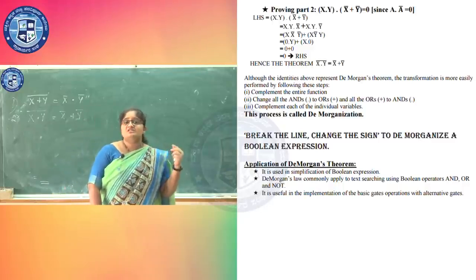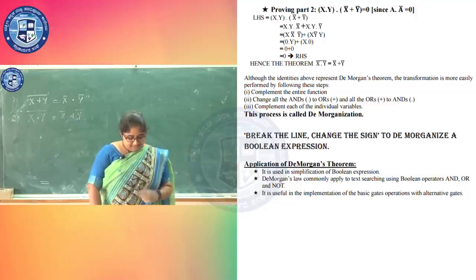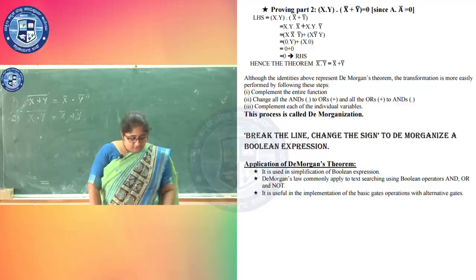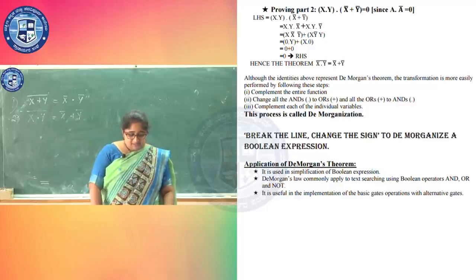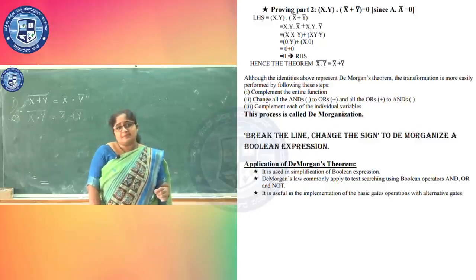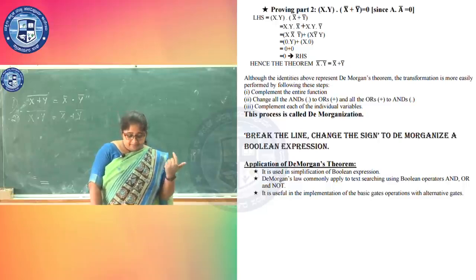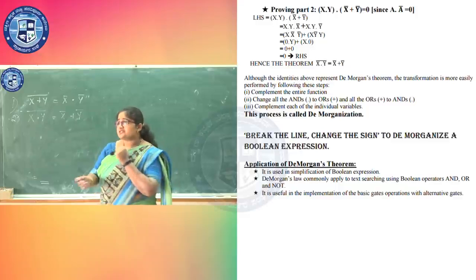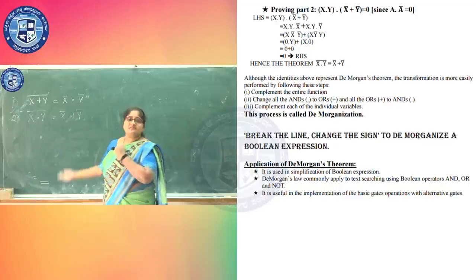So, we have seen the two theorems of De Morgan's, which are very, very important, and we have seen both the proofs. One is by proving through truth tables and one is proving algebraically. So, you can see the process. Although the identities above represent De Morgan's theorem, the transformation is more easily performed by these steps: changing the OR sign to the AND sign and complementing each of the variables.